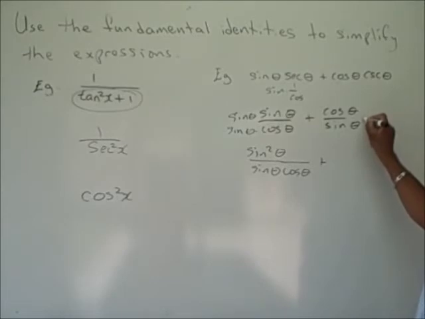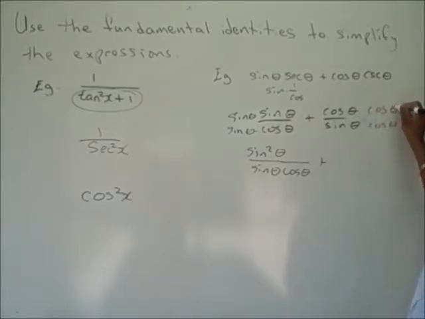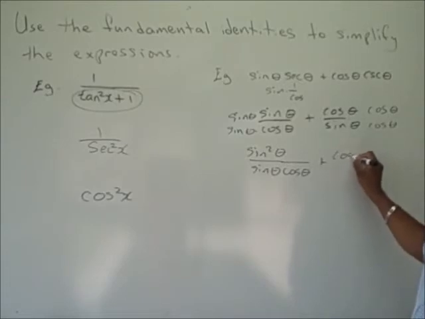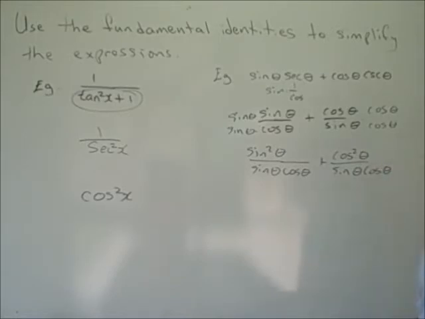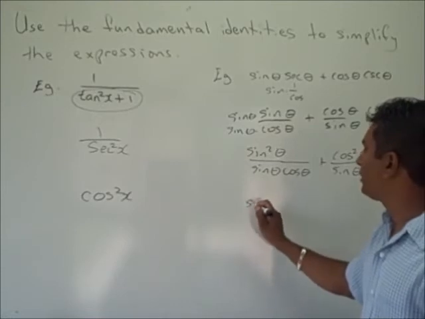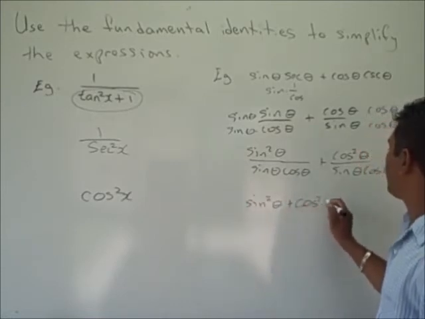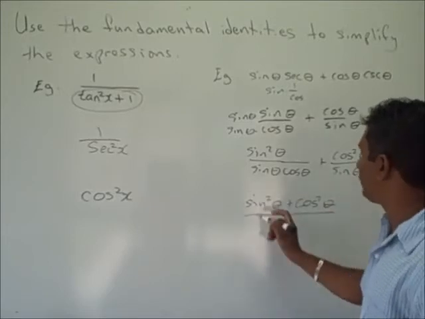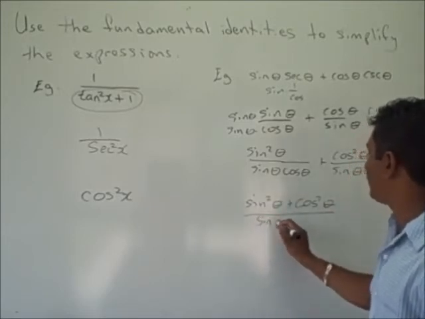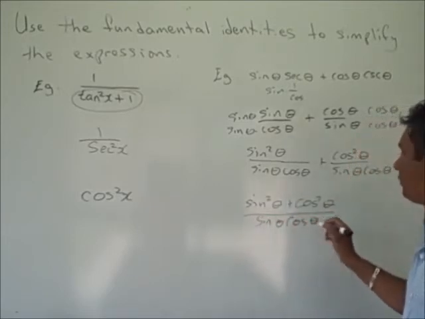Plus, multiply this side by cosine theta. So we have cosine squared theta over sine theta cosine theta. Now we can add these two. So this becomes sine squared theta plus cosine squared theta all over sine theta cosine theta.